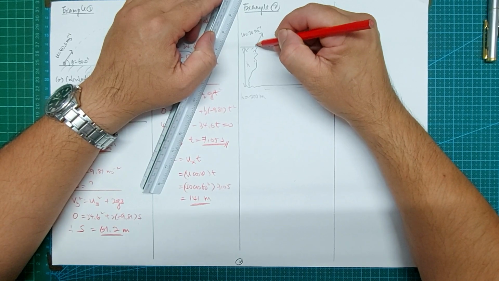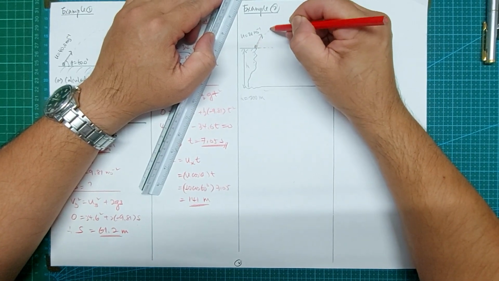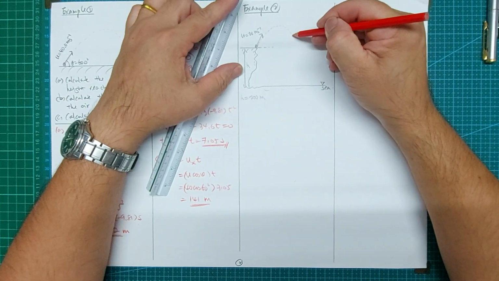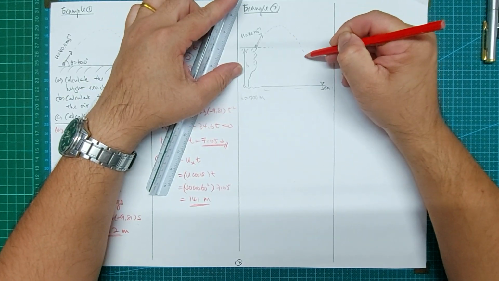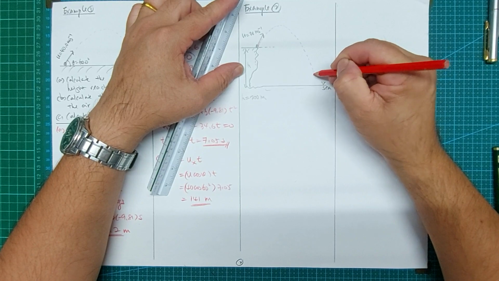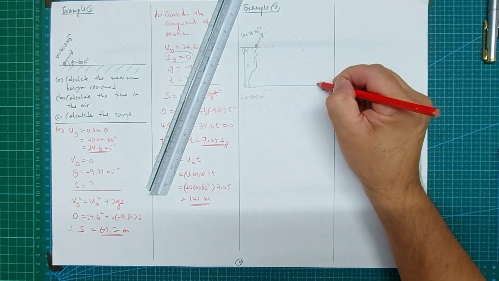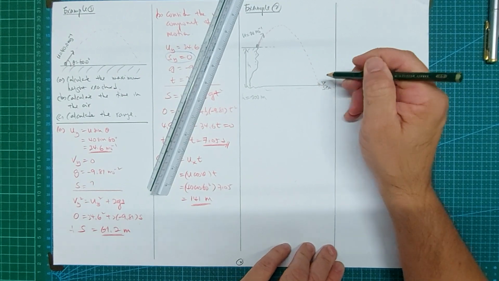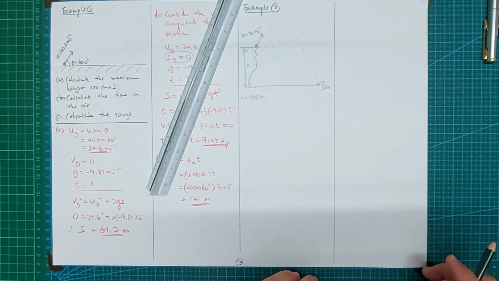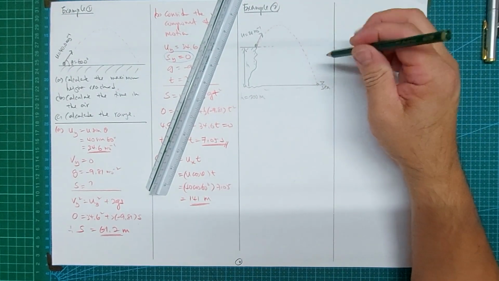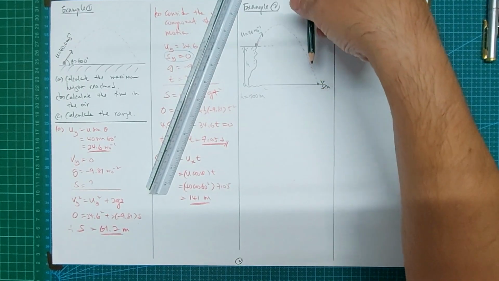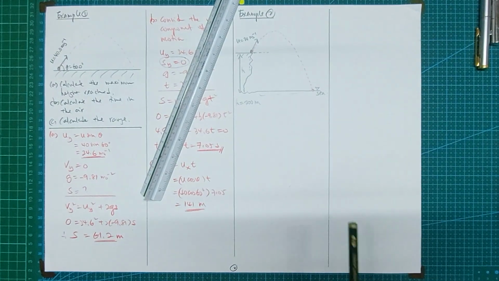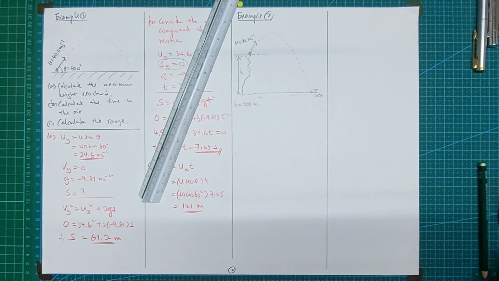It's going to move up, reach the maximum height, and then come down again, like this. It's going to hit the water surface somewhere here, and you see, it won't hit the water surface vertically downward, 90 degree to the water surface. It's at a certain angle, and that is what I want you to calculate later.